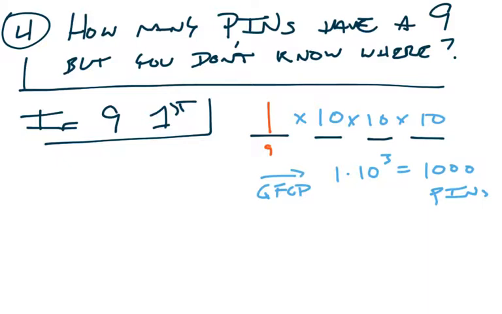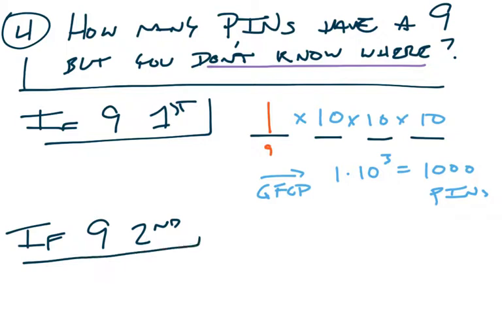But we don't know that it's in the first spot because, again, we don't know where this thing is. So just do the exact same thing again. What happens if it happens second? If the 9 is second, well, now you have the 9 in the second position.